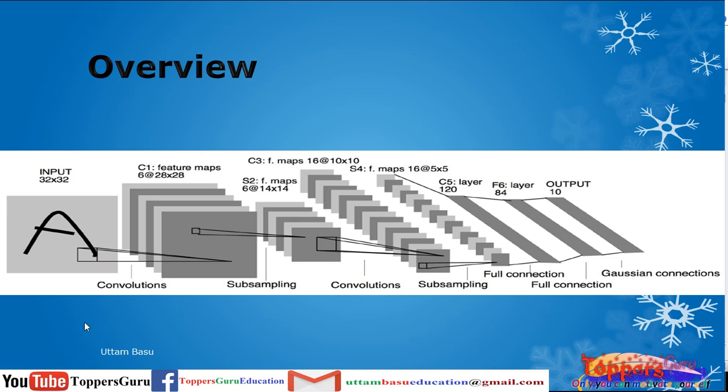Here is the overview of a CNN network: input, feature maps, and extraction maps that come after subsampling. The convolution changes the image size.